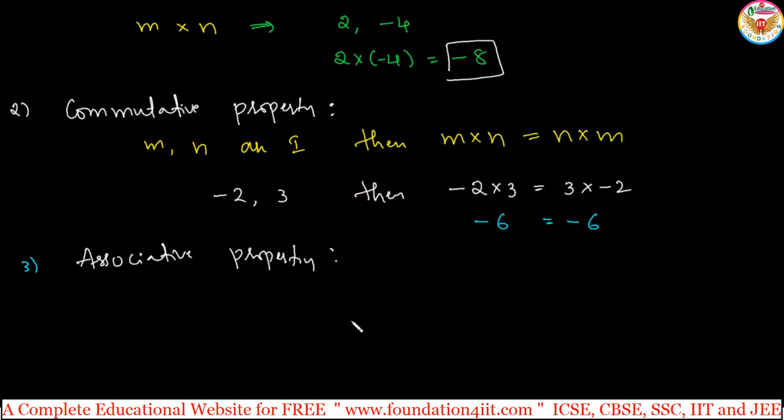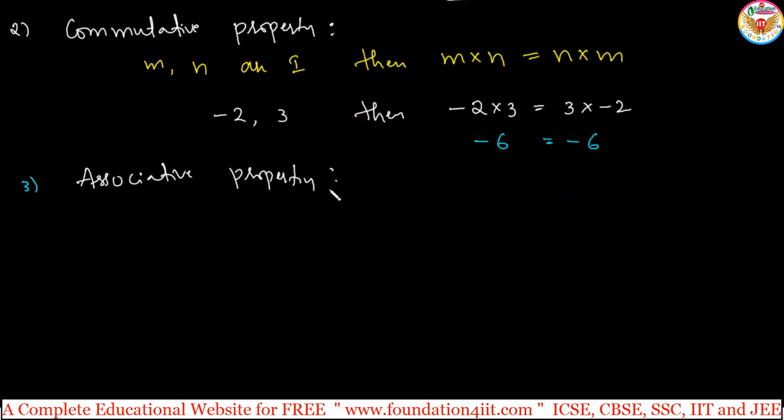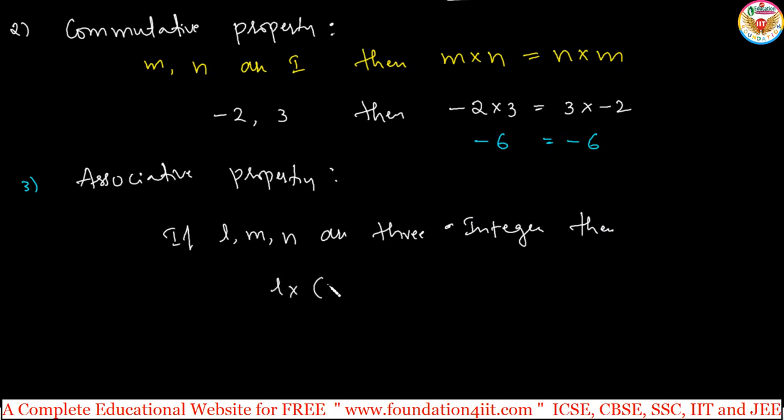According to this property, let us take three integers L, M, N. Then L into (M into N) is equal to (L into M) into N. First we multiply M into N and then multiply with L, or L into M and then into N, and you'll get the same result. Let me take 5, 3, 2 in place of L, M, N.